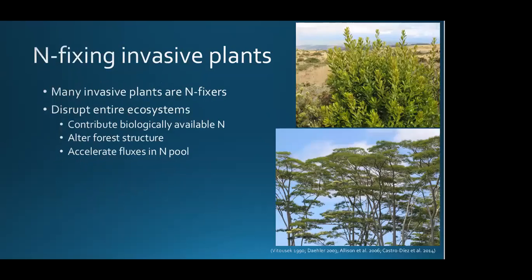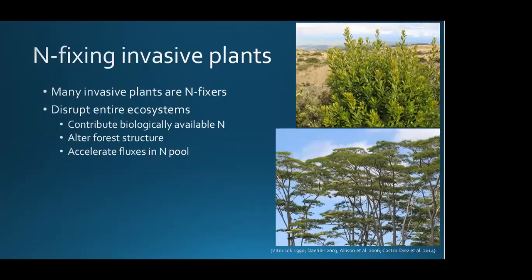Invading nitrogen fixers have the potential to disrupt entire ecosystems during development and processes, and many invasive plant species are nitrogen fixers. Invasives can assist other non-native plant species to successfully invade, often with devastating consequences for native forests and ecosystems.